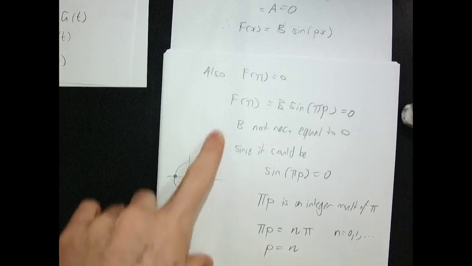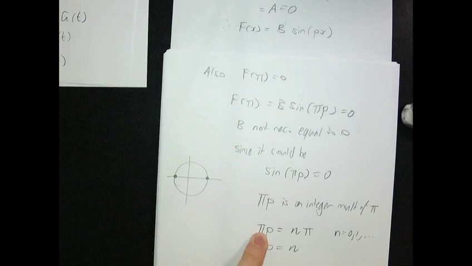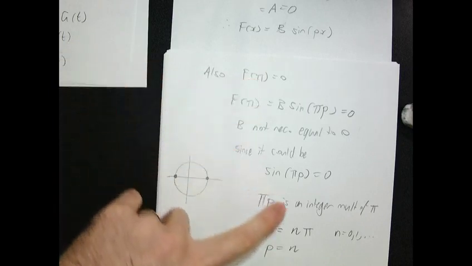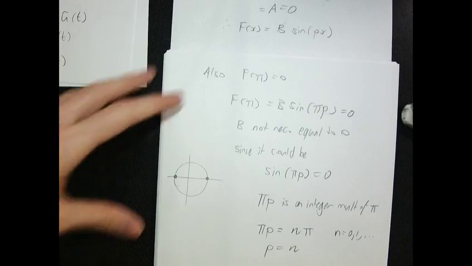If I had said that maybe f of pi on 2 was 0, I would have gotten pi on 2 p, and I would have gotten p is 2n. So depending on what goes here, changes what expression involving n ends up here. So be careful, it doesn't always come out to n, and the reason it comes out to something different is because of your numbers. Okay, so p is n.